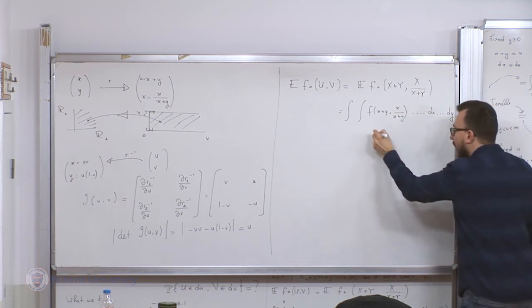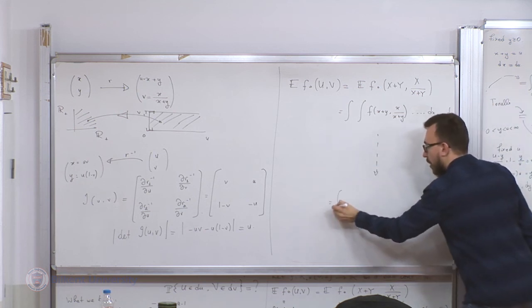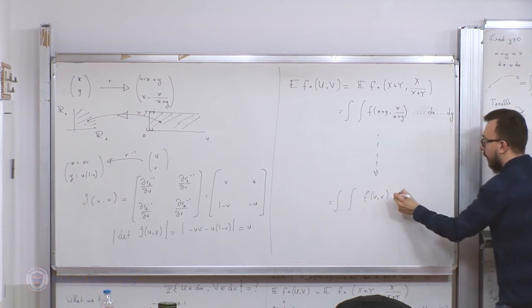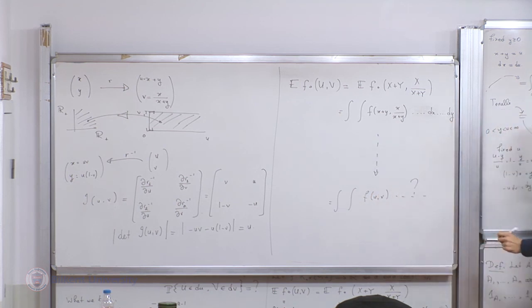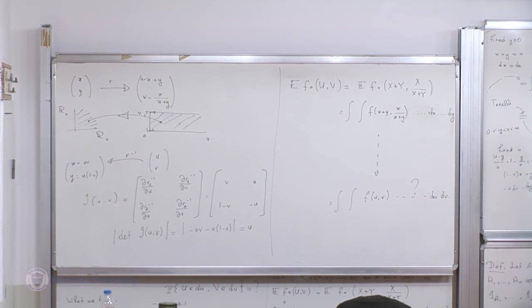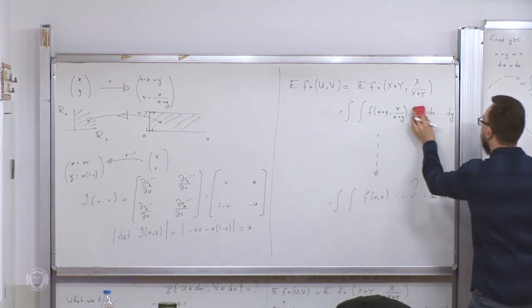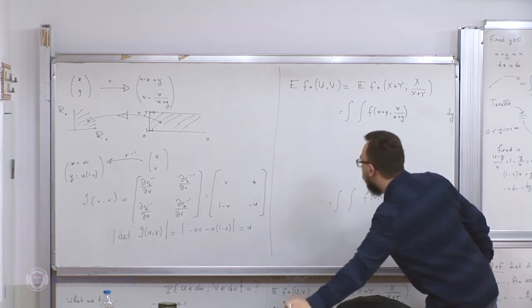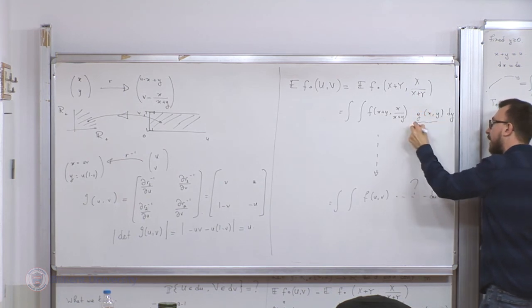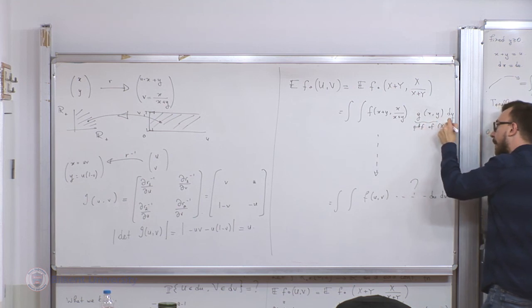So what you want here is to make a transformation and get f of u and v times what? We want, of course, du and dv. Maybe I should write some joint PDF of x, y.